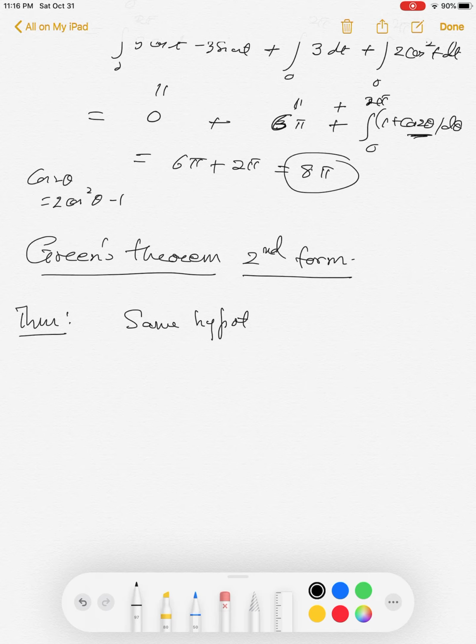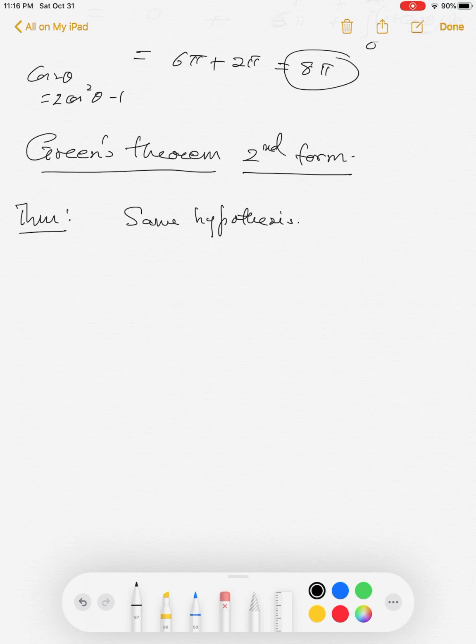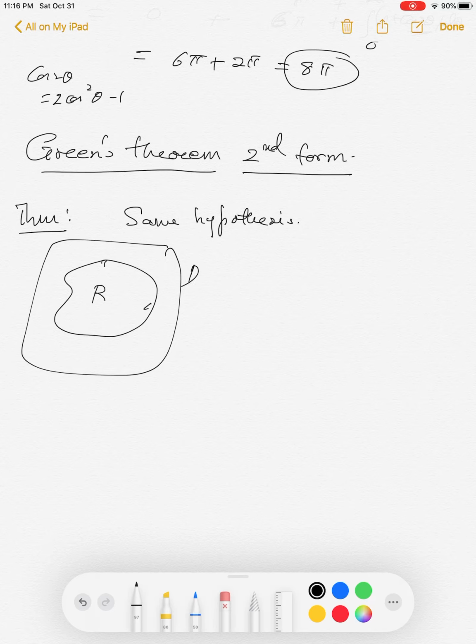So it says that in the same hypothesis, so you are taking the same thing, so let me not write it. So F is a C1 vector field, and then you have a region D, and you have a simple smooth curve C which traps region R. C is counterclockwise.